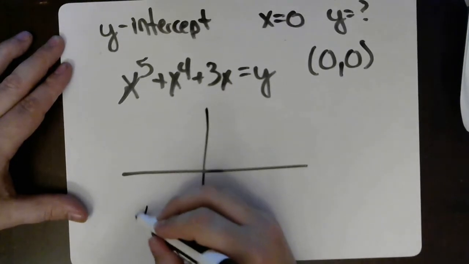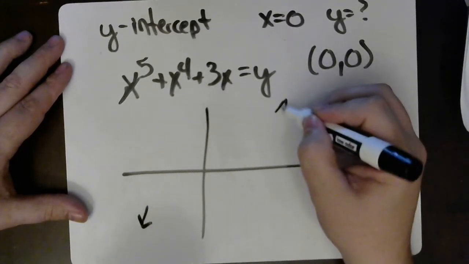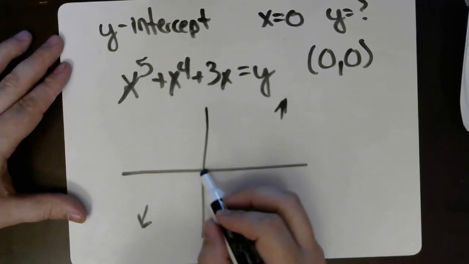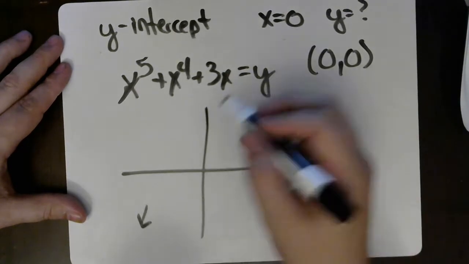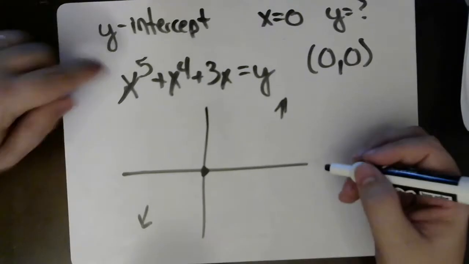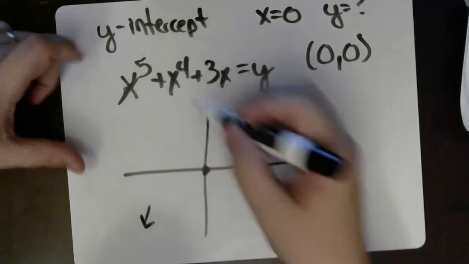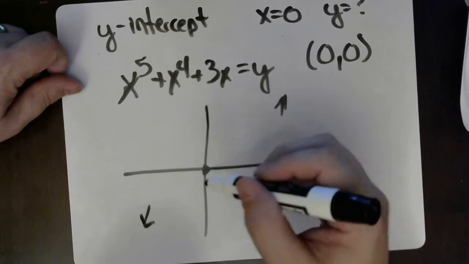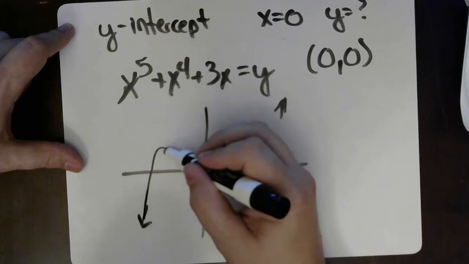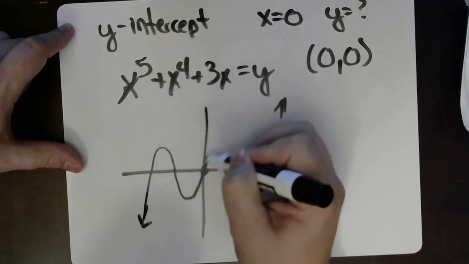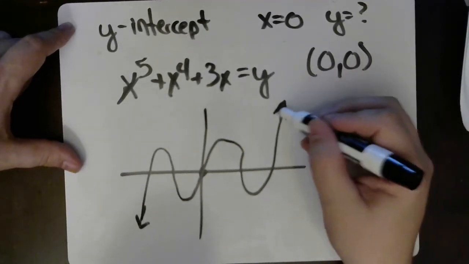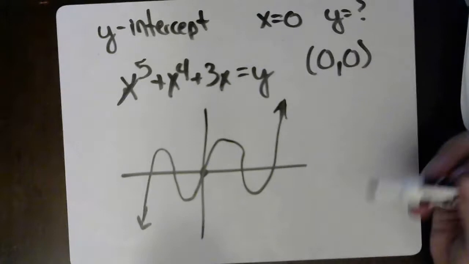Again, our ending behavior is down here and it's up here, because as x approaches negative infinity, y goes to negative infinity, and as x approaches positive infinity, y goes to positive infinity. It has to pass through the origin. It takes 4 turns. Again, the 4 turns can end up anywhere as long as your path goes through 0, 0. That's all we know right now. So we're going to go 1, 2, 3, 4, and up. Pretty simple.